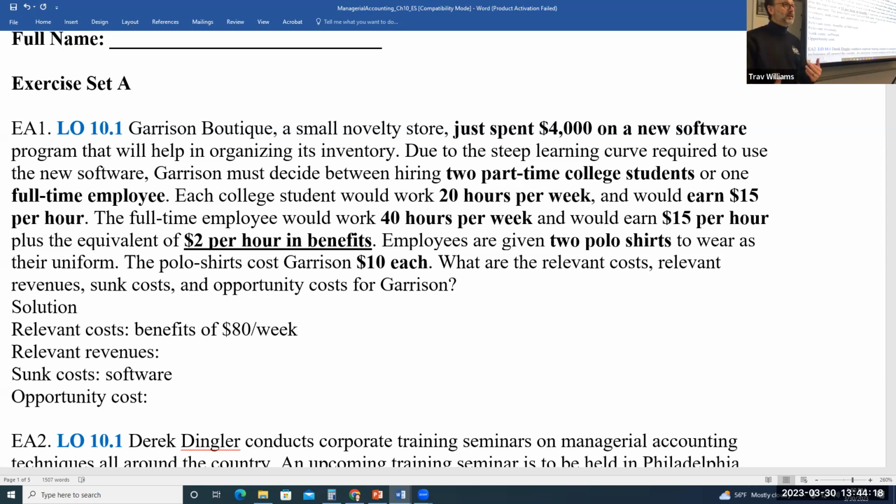So there is going to be a difference, right? It would be $40 with the part-timers versus $20 with the full-timer. So polo shirts, but really it's a difference of $20.